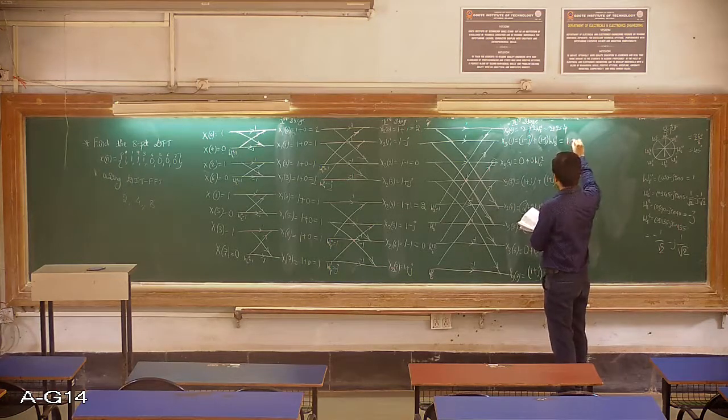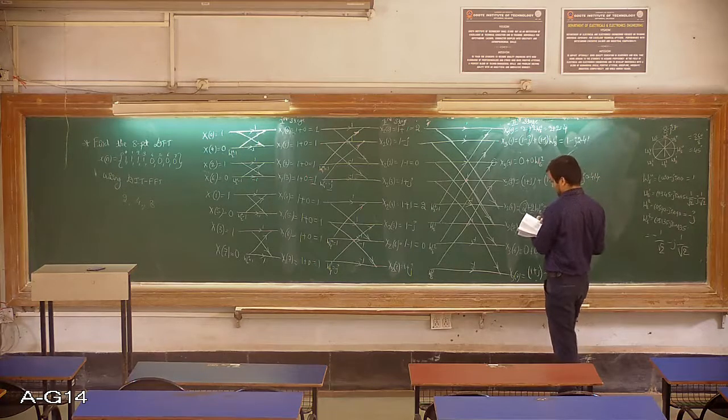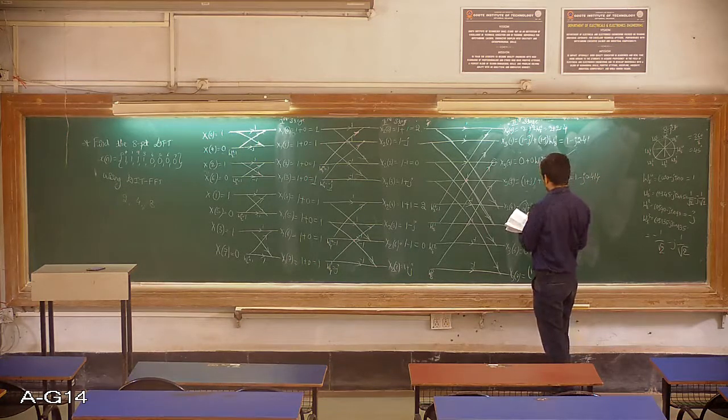1 minus j of 2.41. This value is 0, and here you will get 1 minus j of 0.414. Here it is 1 plus j of 0.414.